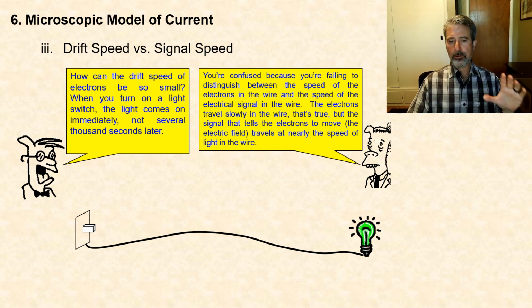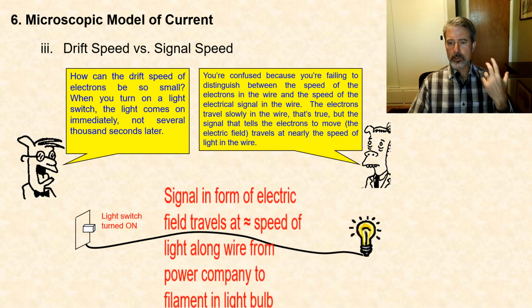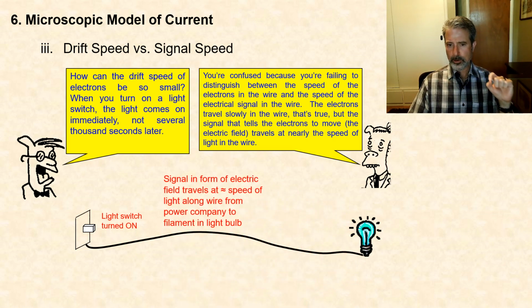So if we look at the process of turning on a light switch, let's take a look at what happens. When the light switch is turned on, the signal in the form of an electric field travels at roughly the speed of light from the power company to the filament in the light bulb. That signal may be traveling many, many miles, but traveling at the speed of light, it will reach the filament of that bulb nearly instantaneously.